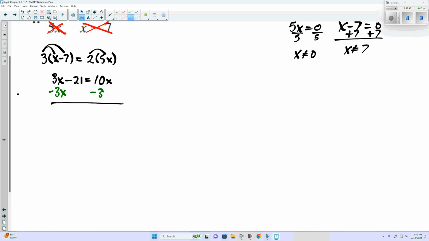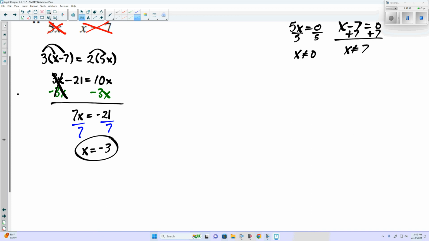We would minus, because since our 3x is positive, yep. So those would cancel, telling us that 7x is equal to negative 21. And what can we do last? Divide both sides by 7, telling us x is negative 3.